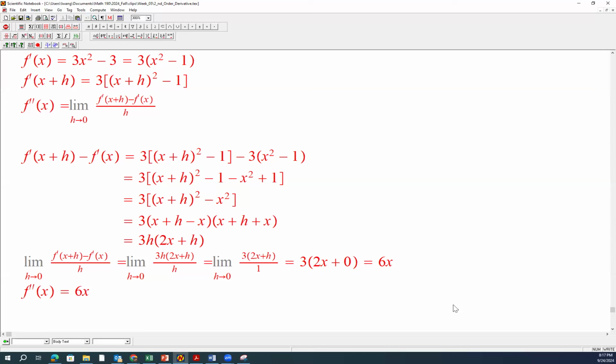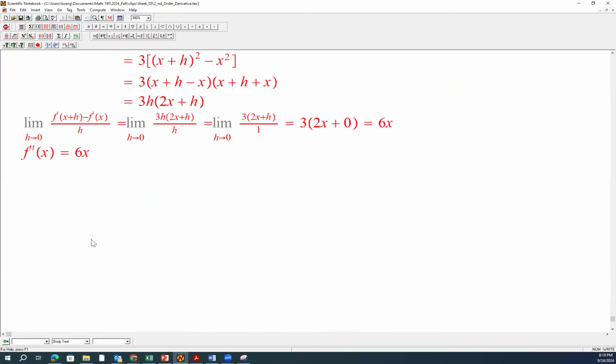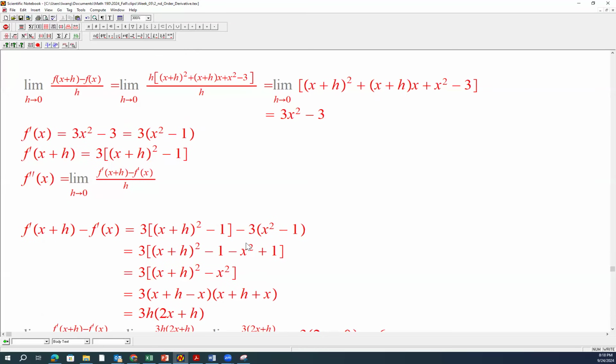So that's how we find the first order derivative and second order derivative by definition. Okay, so to summarize, right, we got the first order derivative, second order derivative, right? There's no domain issues.